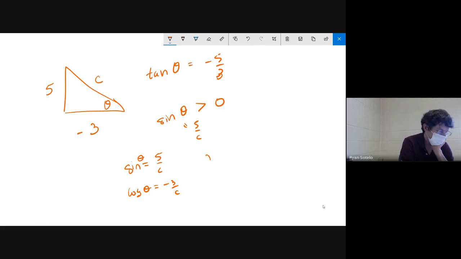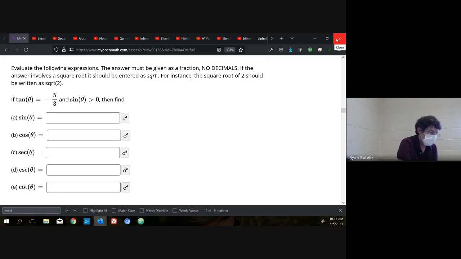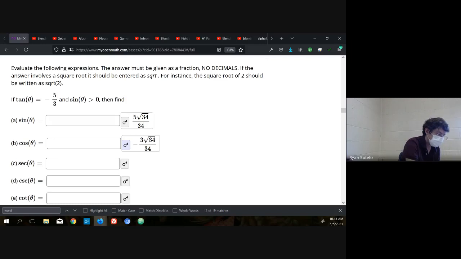Now let's see what else. C would be whatever 25 plus 9 is, which is 34, square root of 34. That'd be C. So 5 over square root of 34, negative 3 over square root of 34.